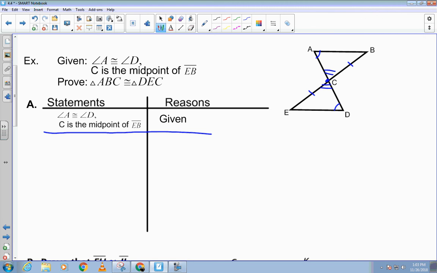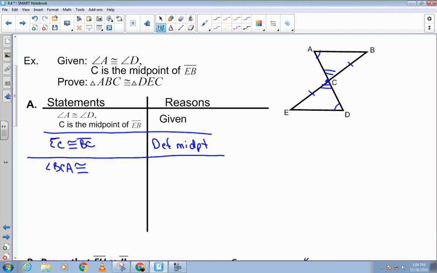Okay. So we've got part of this for us here. We got the given stated. Then we had to state that EC is congruent to BC. What was that reason again? Definition of midpoint. Okay, and then we stated what? Yeah, but we can't say C congruent to C. Right, there's four angles at C. So we would have to say angle BCA is congruent to angle BCD, and what reason is that?